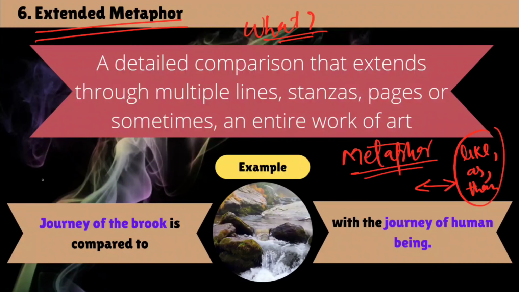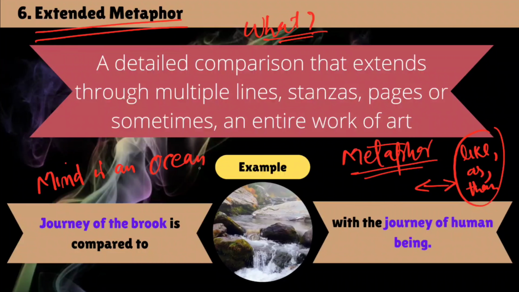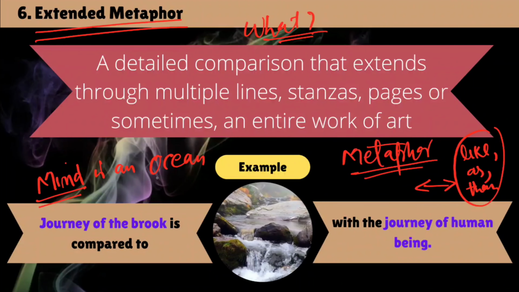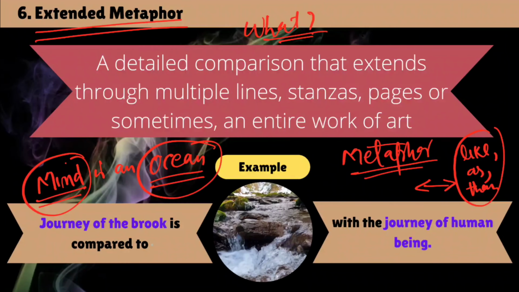For example, mind is an ocean. Here, mind has been compared with the ocean. Mind is a different entity, and ocean is also a different entity. But there's a similar quality in both, and that is depth.